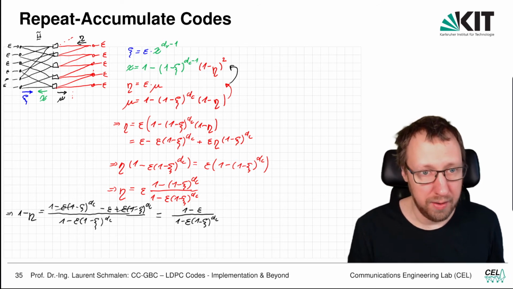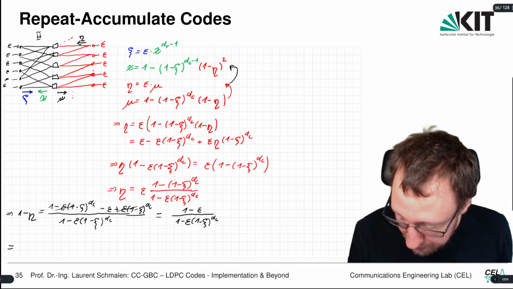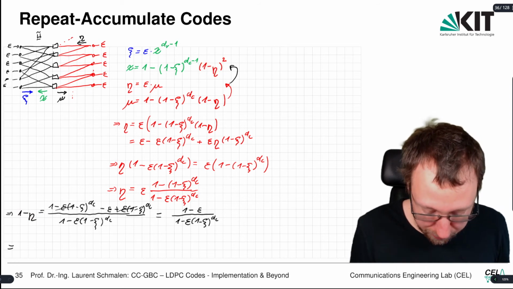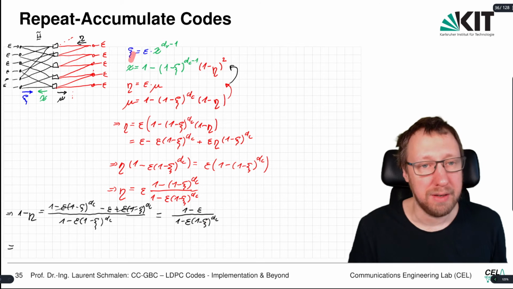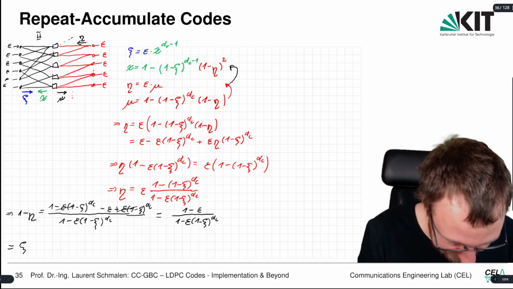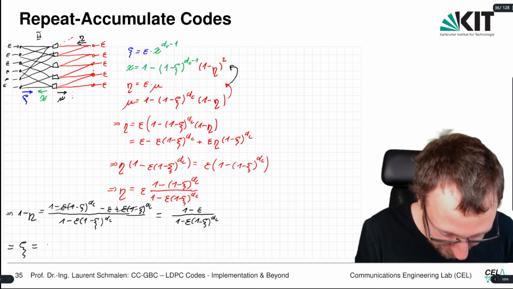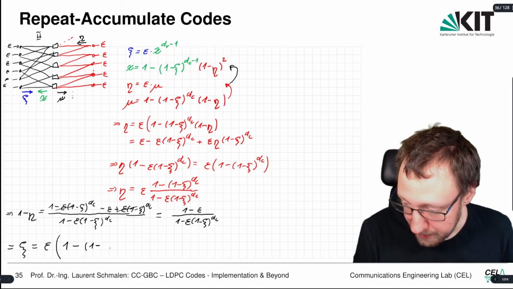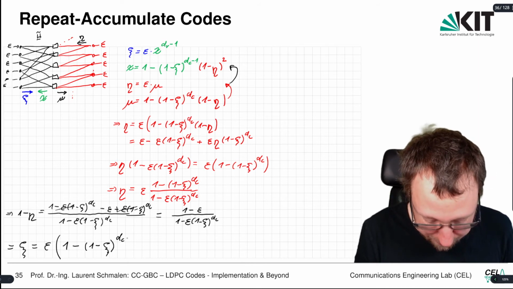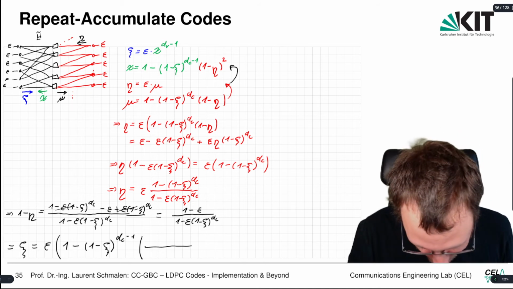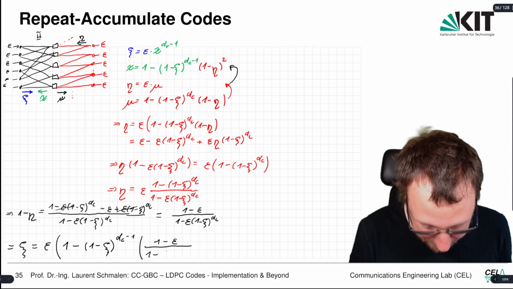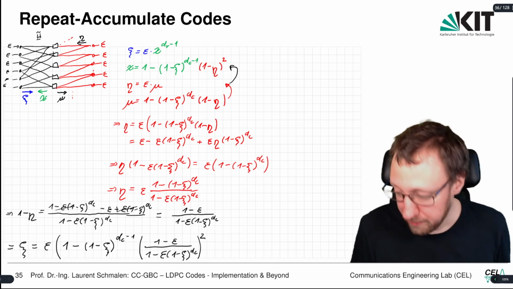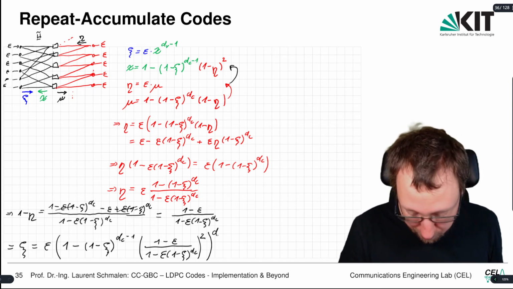So therefore, we have 1 minus eta, we put this in here, and this will only depend on x_c. So we can say that x_c is equal to epsilon times (1 minus x_c)^(dc minus 1) times (1 minus epsilon) divided by (1 minus epsilon (1 minus x_c)^dc) squared, and the whole thing to the power dv minus 1.